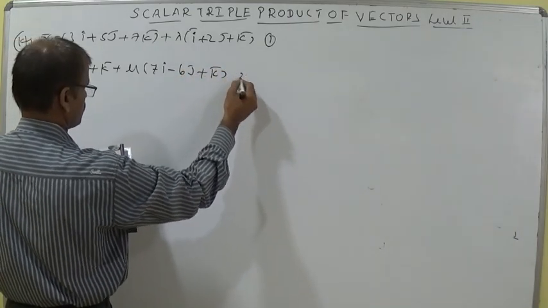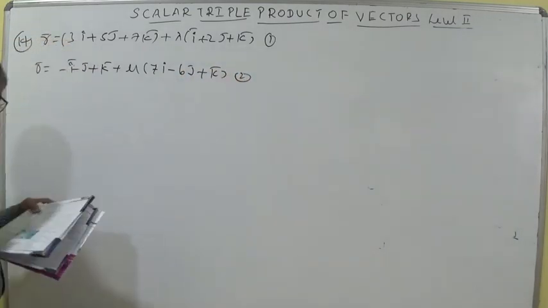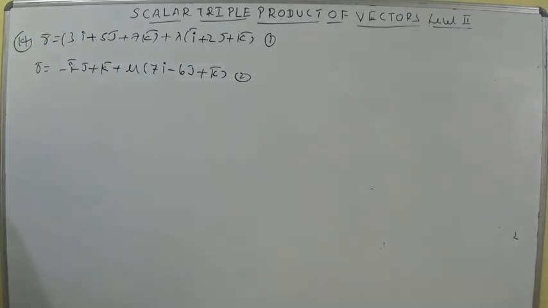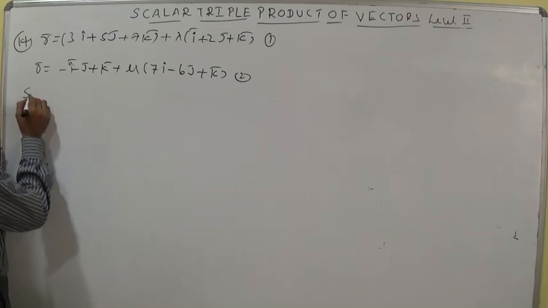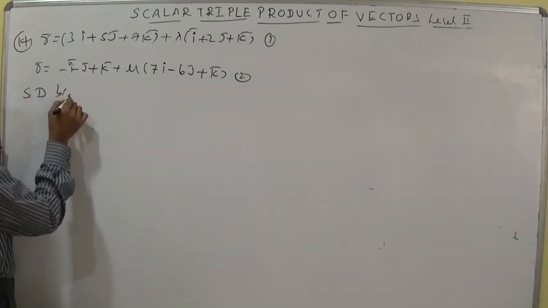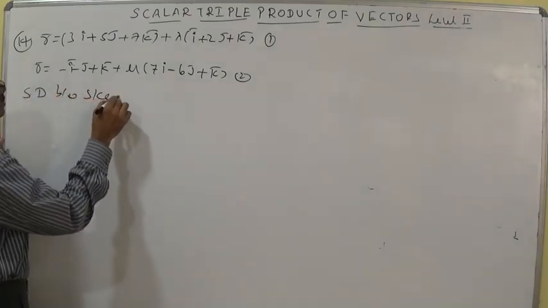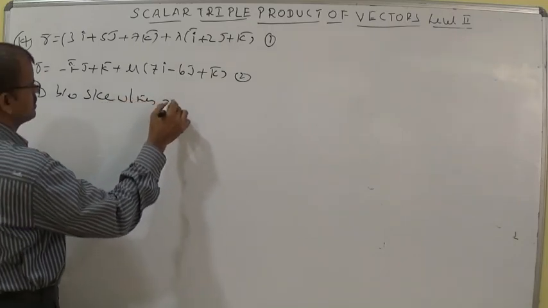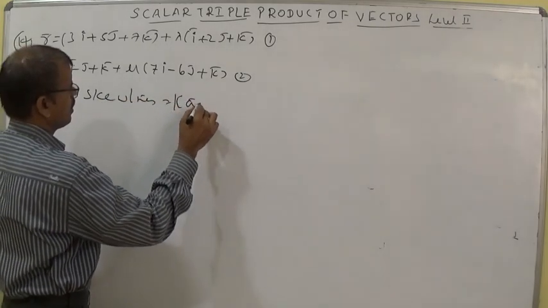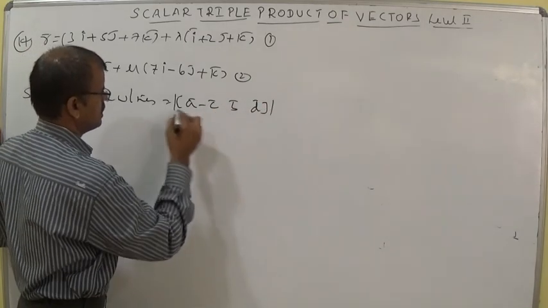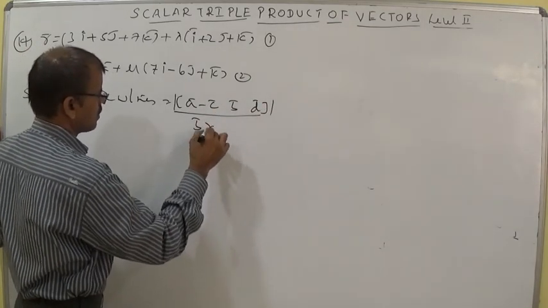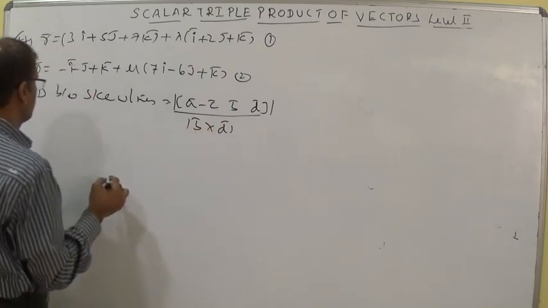Now the lines are given as skew lines. Therefore the shortest distance SD between skew lines is equal to the box product of A minus C, B, D divided by modulus of B cross D.